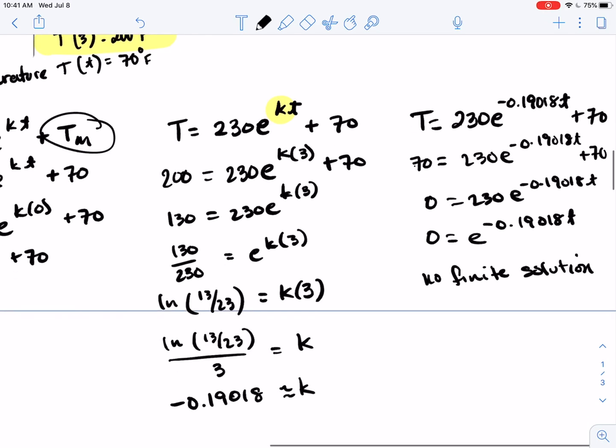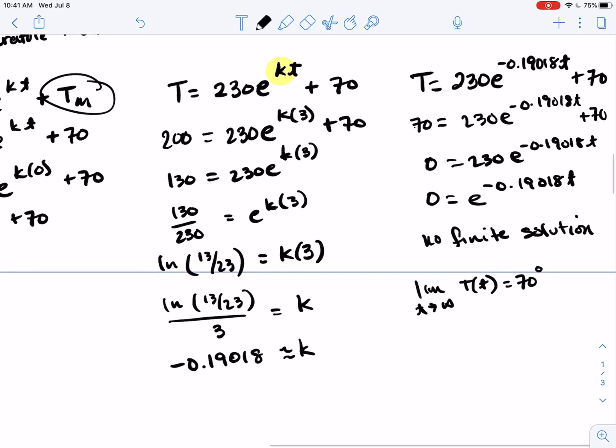We know that in this situation of the cooling, the limit as t goes to infinity would approach 70 degrees, okay? So after a long period of time, of course it would eventually go to 70 degrees.